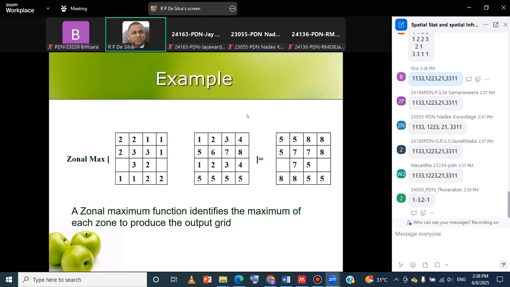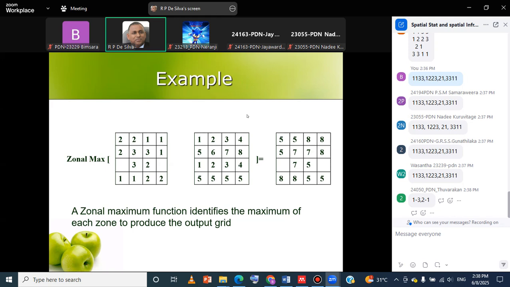Anybody? 3. So in zone 1, all the area should be filled with value 3. Some people have only 1 and 2s, not 3. So all these 5 cells in the zonal min function should have value 3.